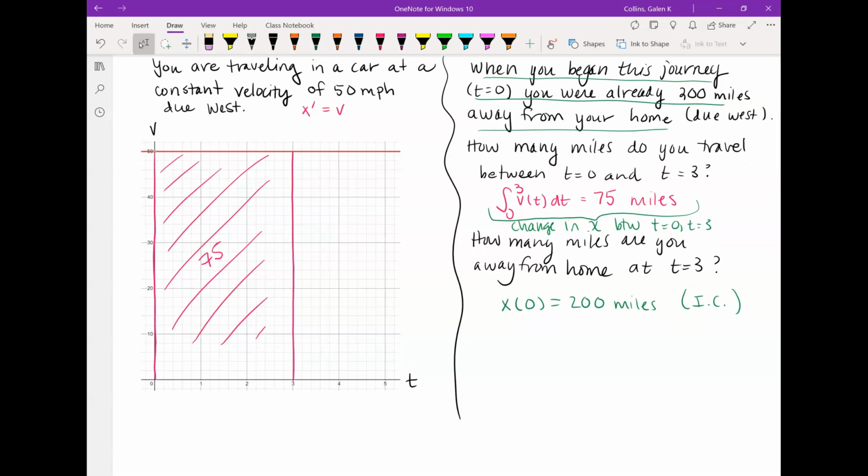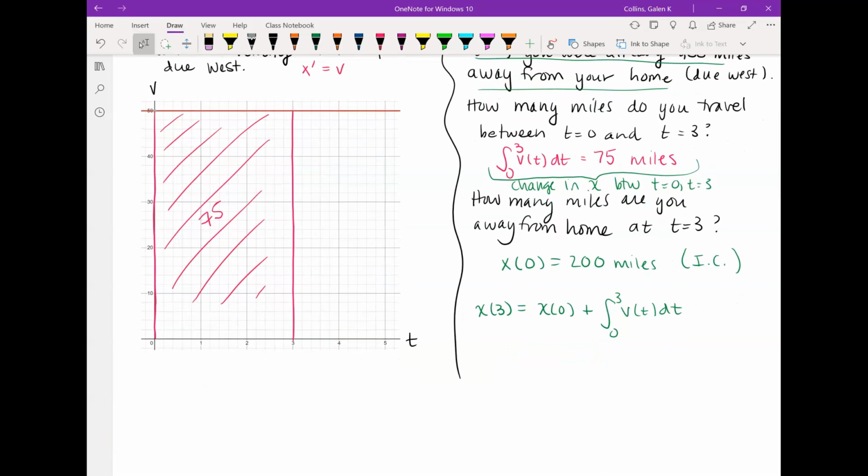What we learned in Unit 5 is that to answer this question, if I want to know x of 3, that's going to be x of 0 plus the change in x from 0 to 3. And we get that by integrating the derivative of x, which is velocity.